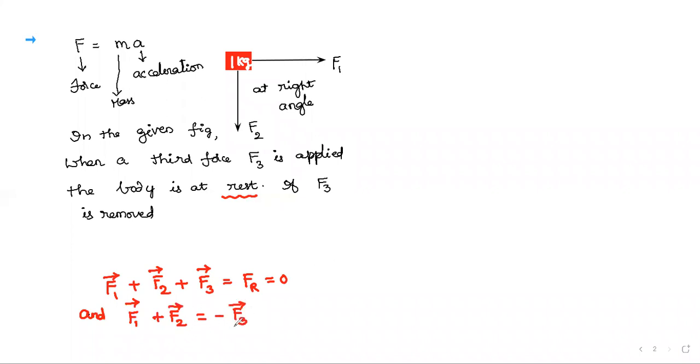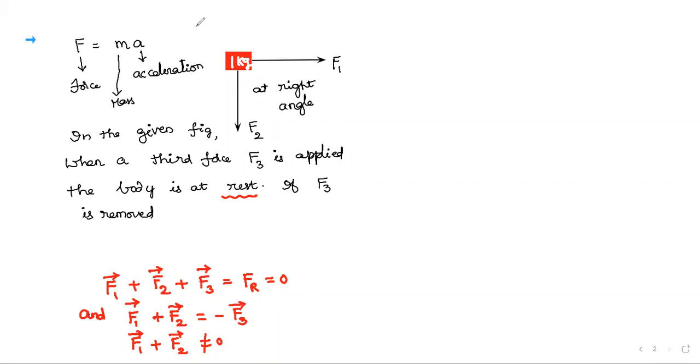So if F3 is removed, F1 bar plus F2 bar is not equal to 0. Some force is there that we have to find out.